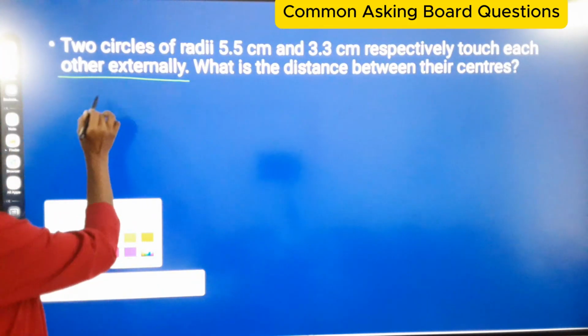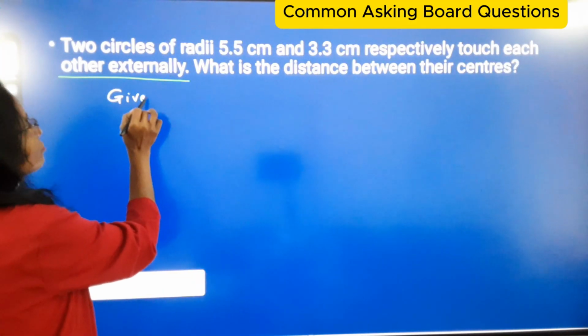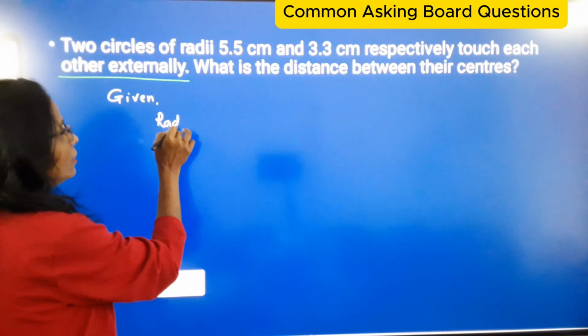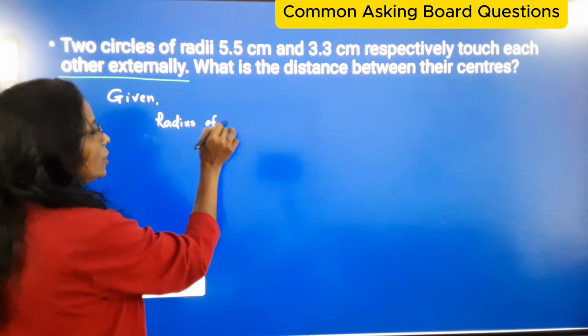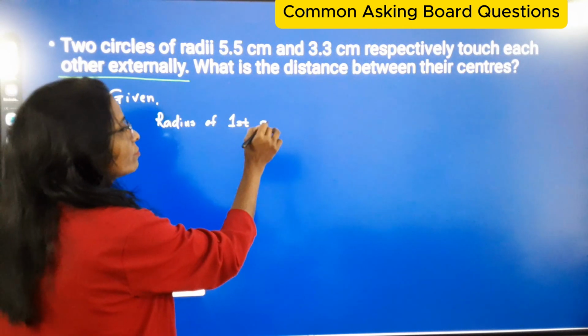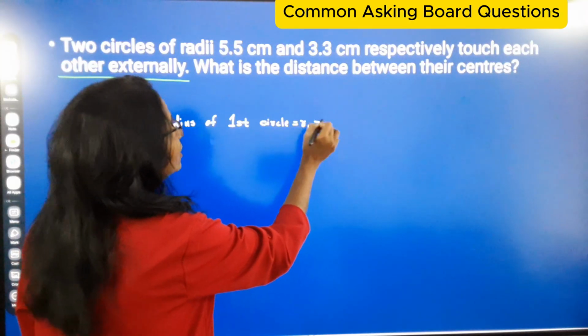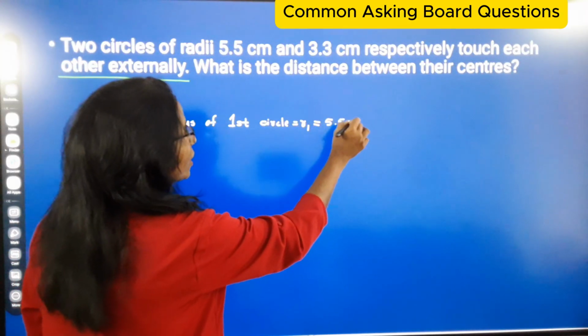So here, first we write the given. The radius of the first circle, we call it R1, is 5.5 centimeter.